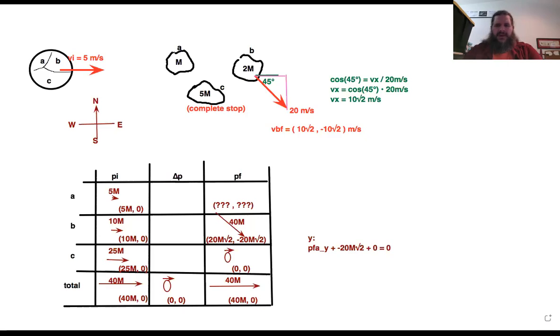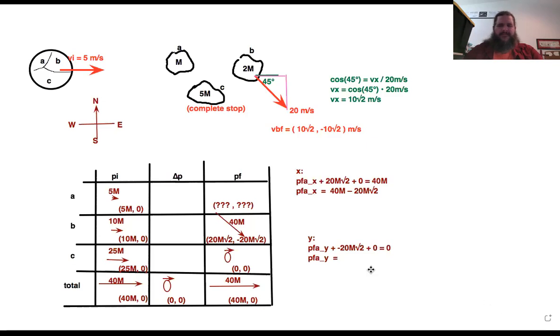So we get 40m minus 20m root 2. That's the X component. And likewise for the Y component, how would we isolate that?